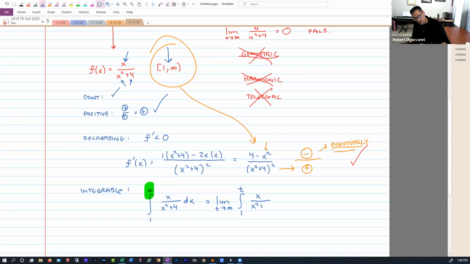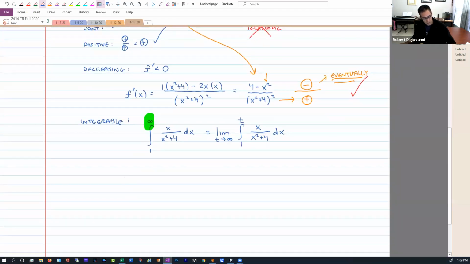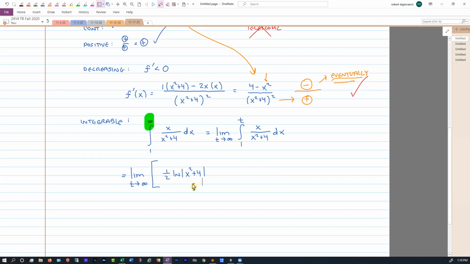Now I'm not going to spend any time on the integration here. I'm just going to trust that you can do this integration. So we're going to have the limit as t goes to infinity. Okay, here we go. The antiderivative of this should be 1/2 natural log of x squared plus 4. Do you trust me that that's right? Yes. Okay.